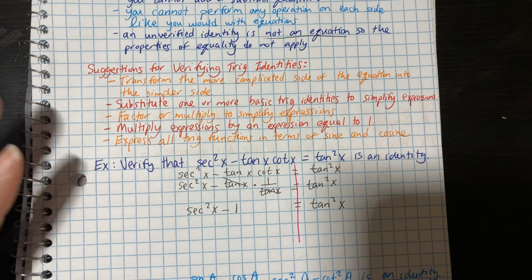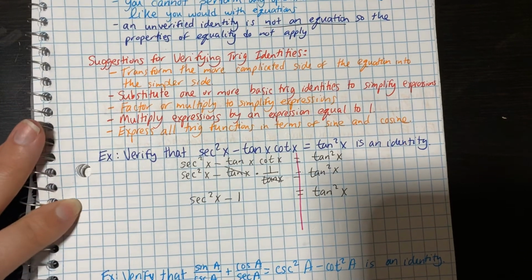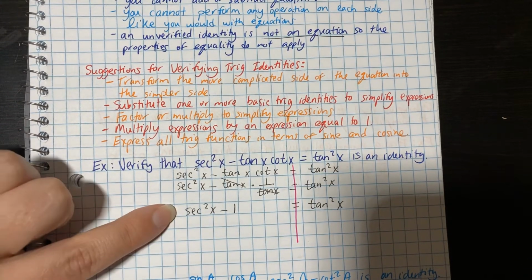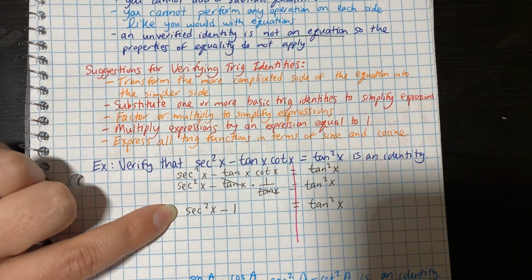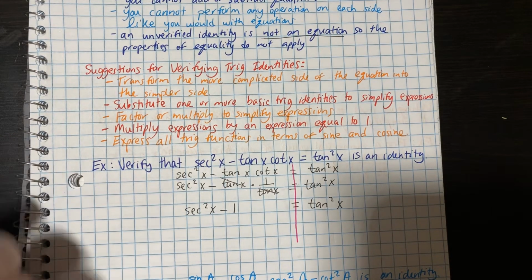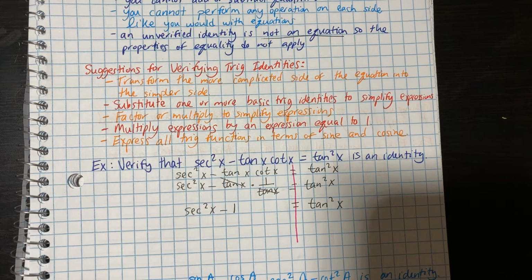Okay, so next I'm going to look at my trig identities and see if anything is equal to secant squared of x minus 1. If I look back at some of my old notes or a trig identity sheet, I will notice that if I think about squareds, I'm probably thinking Pythagorean.